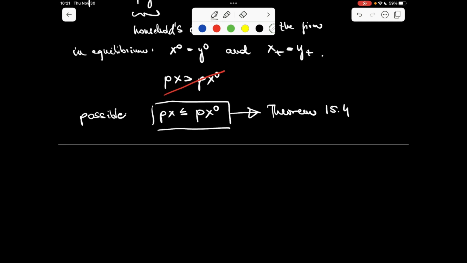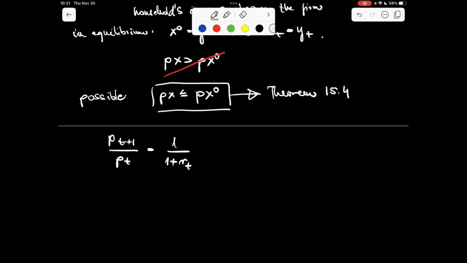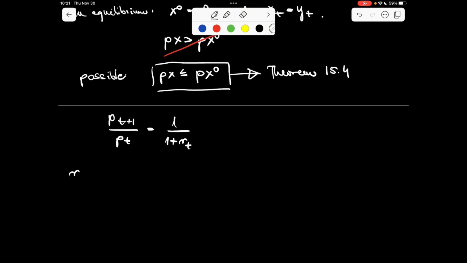Okay, the textbook suggests an idea. So let's try to define the price ratio between two consecutive periods as the reciprocal of 1 plus the interest rate. So in this reformulation of the problem, this is the path of the interest rate.